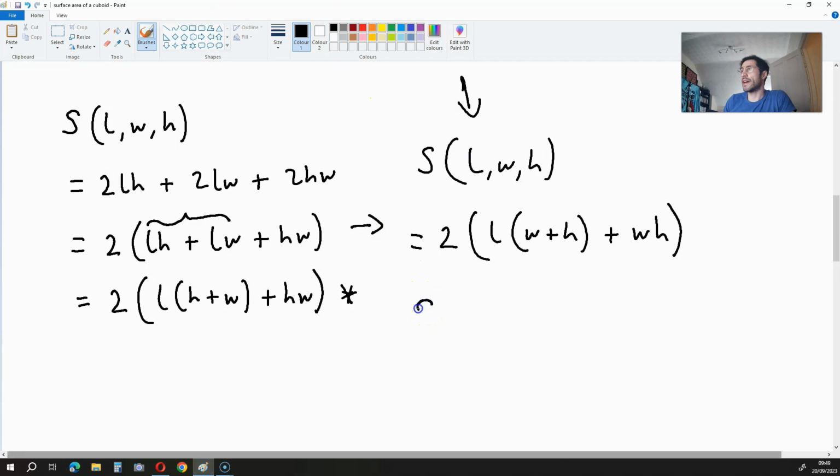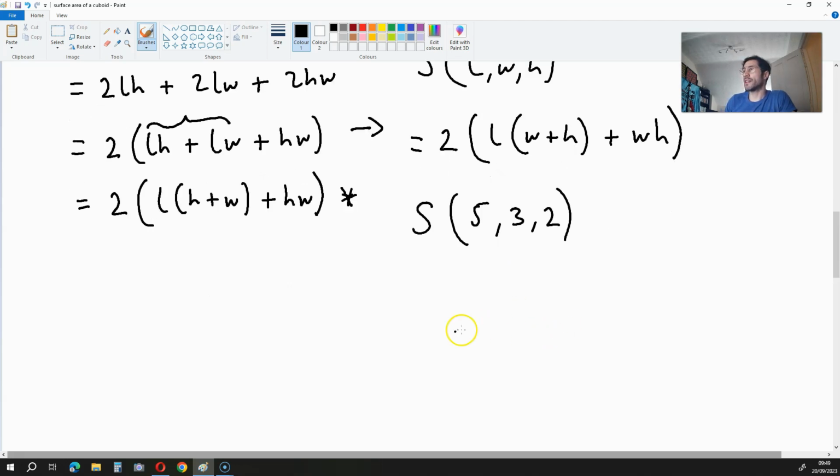Okay, so L is equal to 5, the width is equal to 3, and the height is equal to 2. And this gives us 2 times, in brackets, 5 times 3 plus 2 plus, let's see the width, 3 times 2.